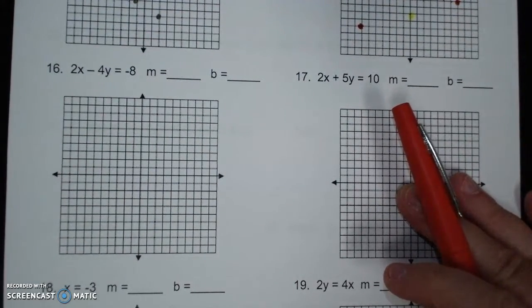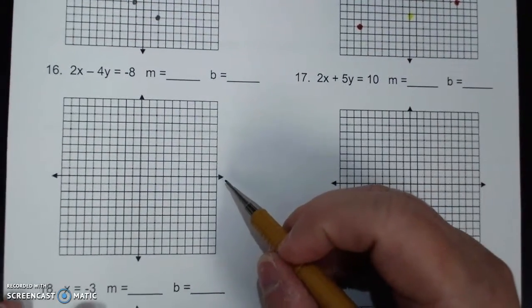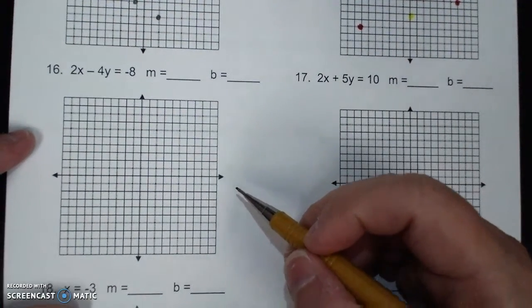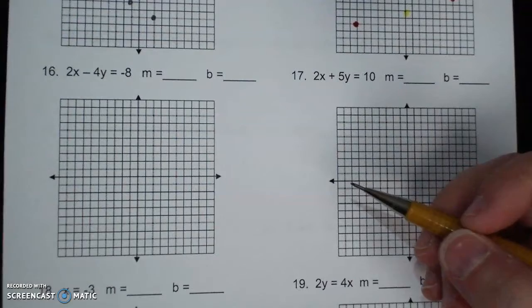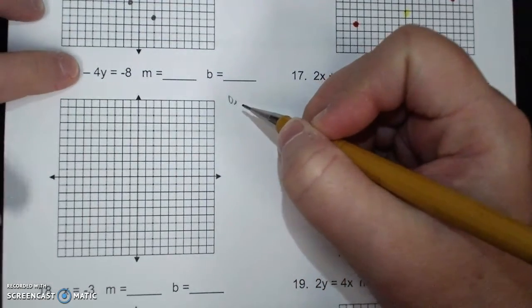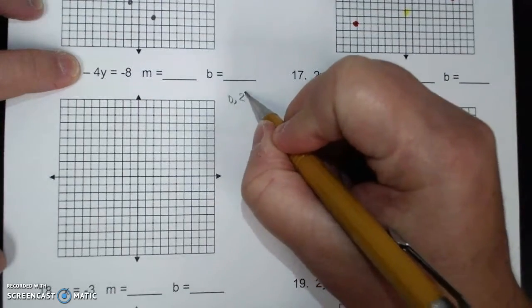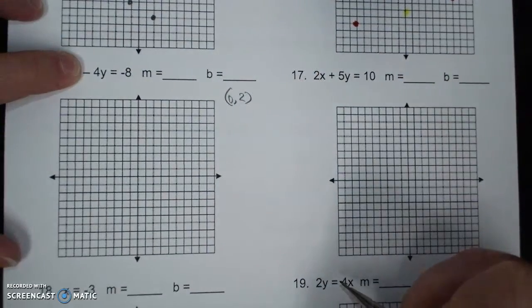So we're graphing the following lines. If I'm graphing this, I'm going to use 0 for x and get my y. So what I do is I do that, and I get my y-intercept is 2.